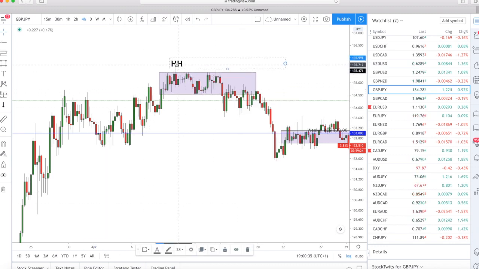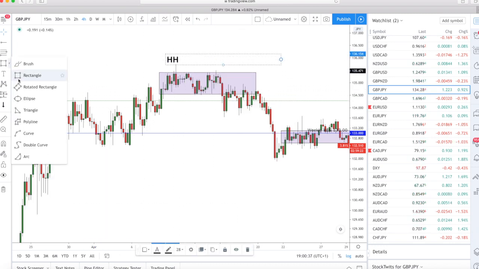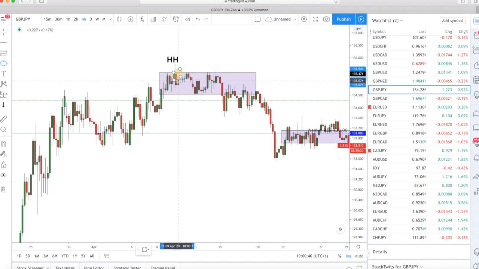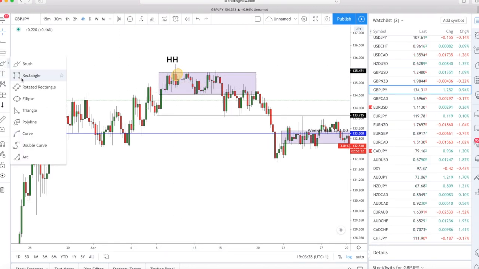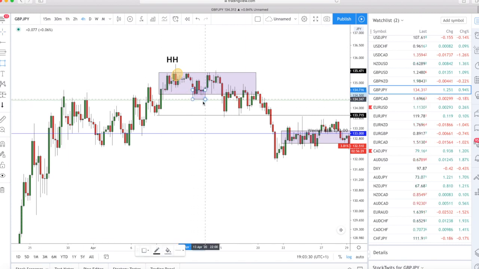So this area here, the last higher high. So guys, you can see we then come down and made this new higher low. And then price pushed up, it failed to break this new higher high. So you can see that this uptrend is now becoming weak because it's failing to break this last high.